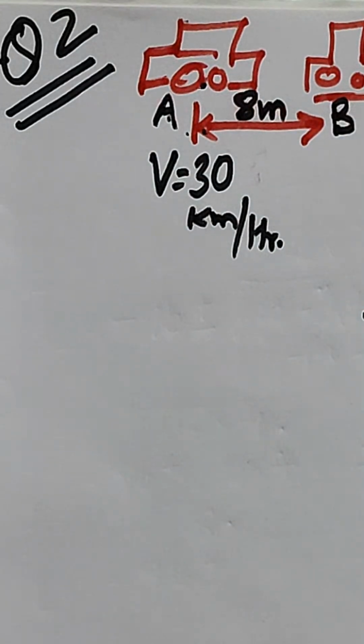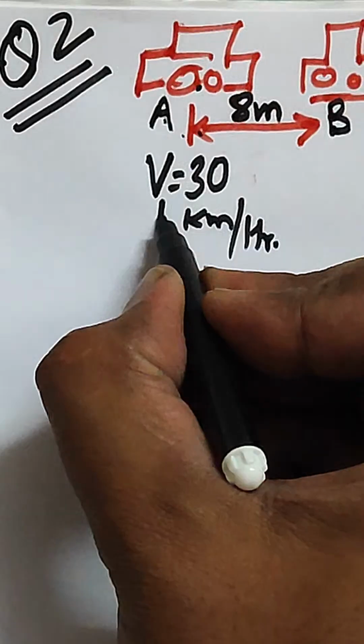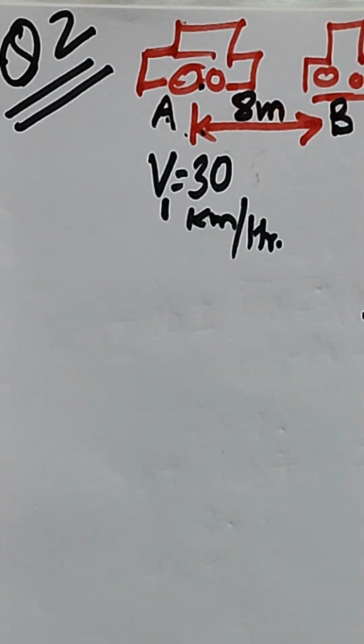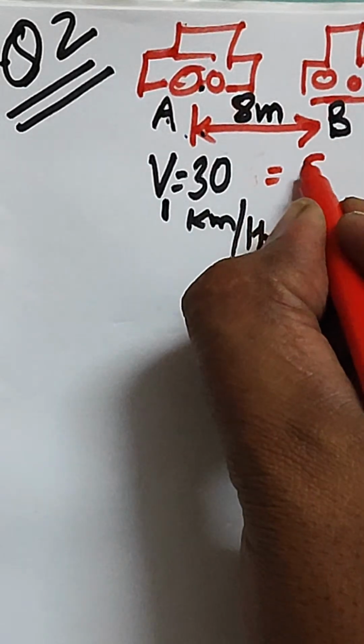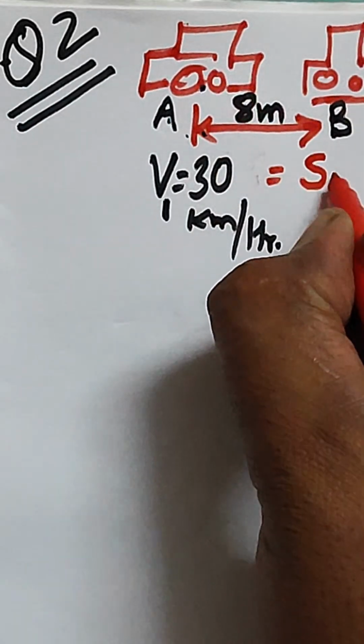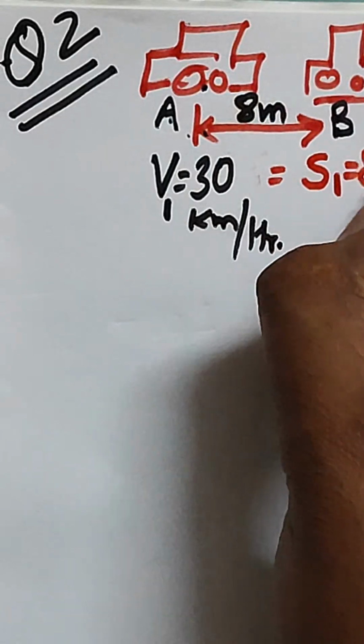Now what is asked in the question is that if the same automobile were traveling at 60 km per hour, then with the same braking power, the automobile can be stopped within a distance of what? So that means let's say V1 is given to you, and here S1 is given as 8 meter.